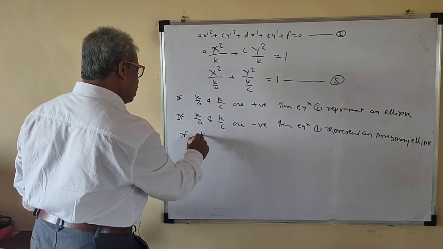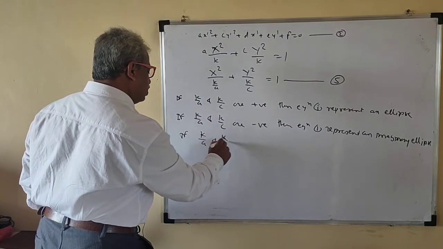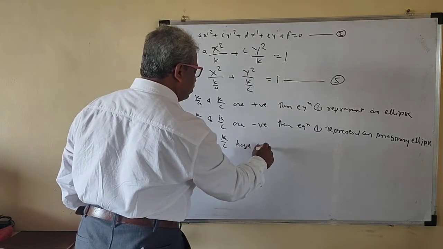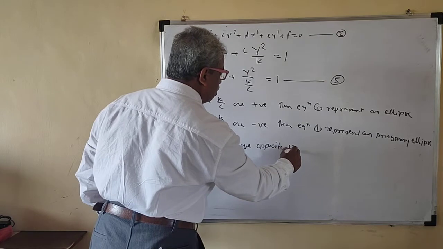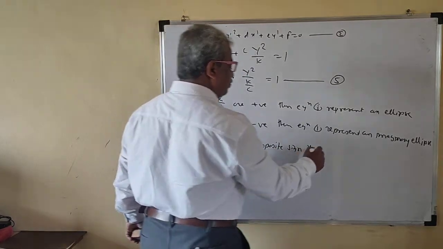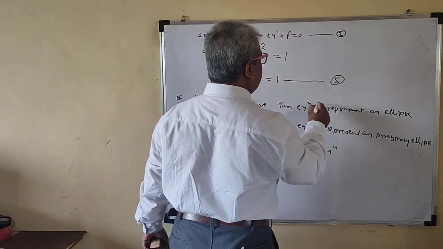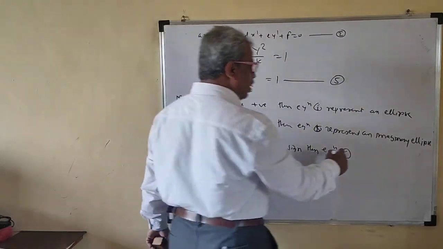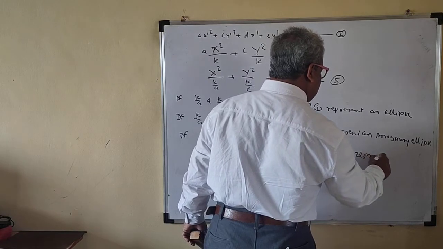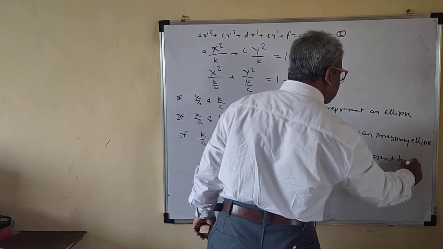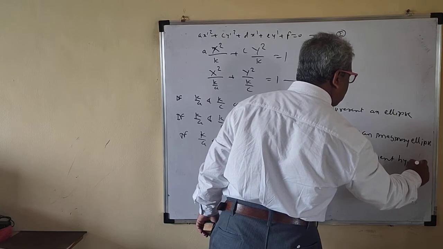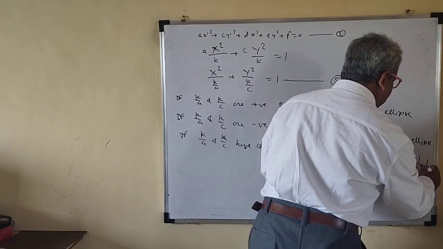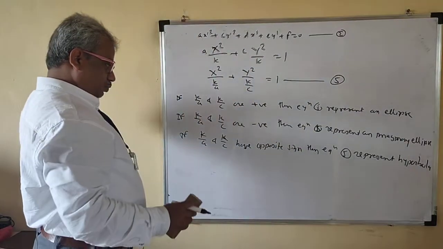If k upon a and k upon c have opposite sign, then equation 5 represents a hyperbola.